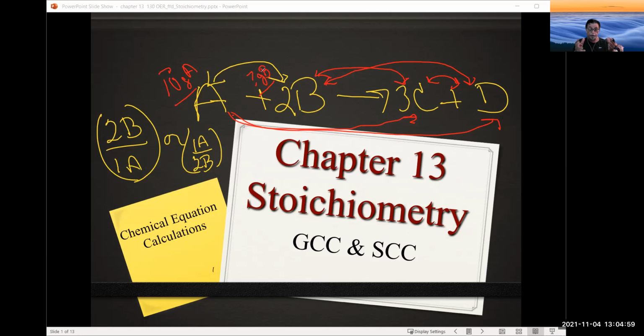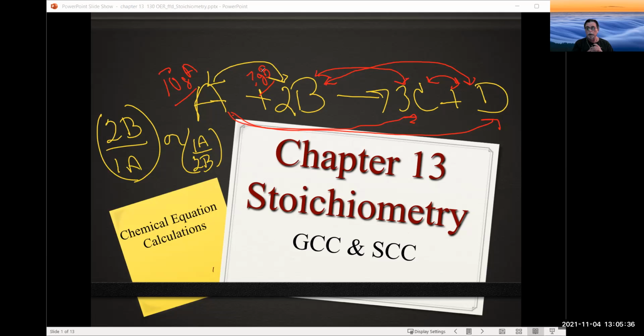From the grams of A, I first need to convert to moles of A, because the common factor is moles, and I need to know the molar mass of A. We went through how to determine the molar mass of any compound: we add up all the atoms, how many of each there is, look at the atomic weights, and tally it up, and we end up with a molar mass. From the molar mass of A and the quantity of A, I can now calculate the moles of A.